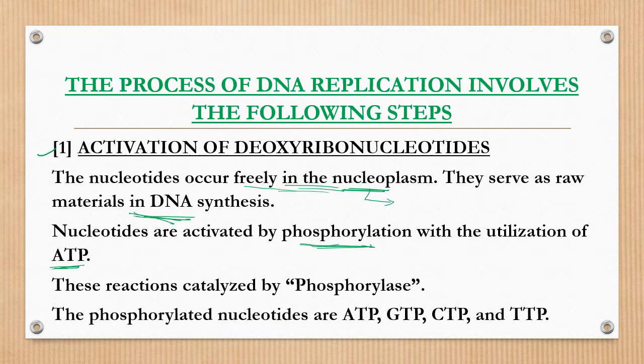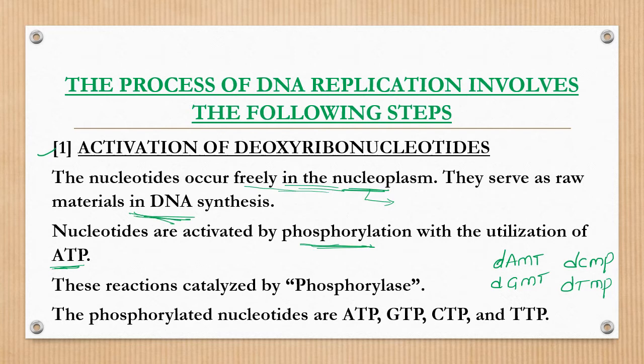There we mentioned deoxyribo adenine monophosphate, deoxyribo guanine monophosphate, deoxyribo cytidine or cytosine monophosphate, and deoxyribo thymidine monophosphate. These four types we mentioned in tabular form. Once recollect.